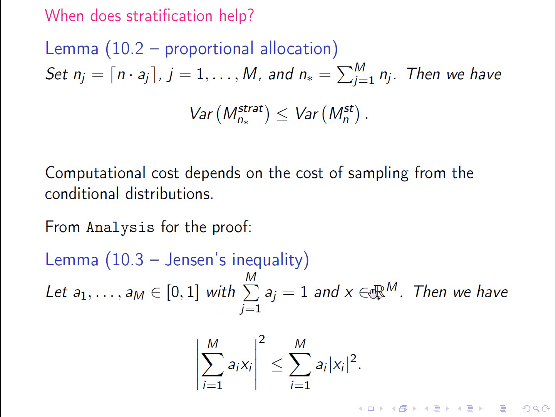And x is a vector in R^M, and then we have the following inequality. If we multiply the a_i and the x_i, sum them up and square them, this is less or equal than squaring the x_i's first, multiplying them with a_i and then summing up. And this version of Jensen's inequality we need for the proof of lemma 10.2.